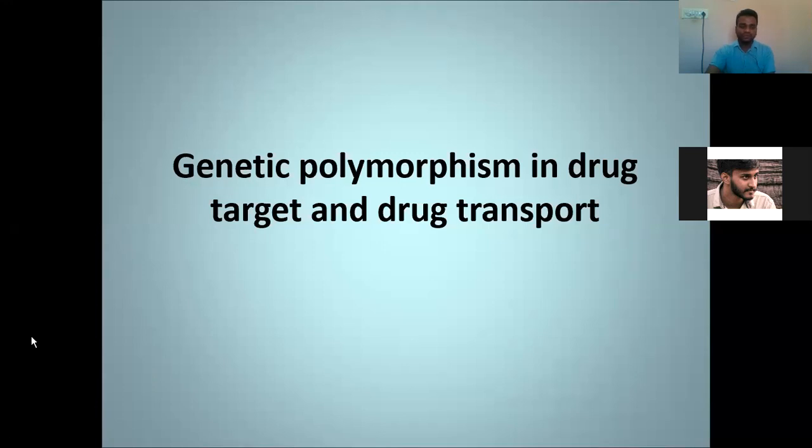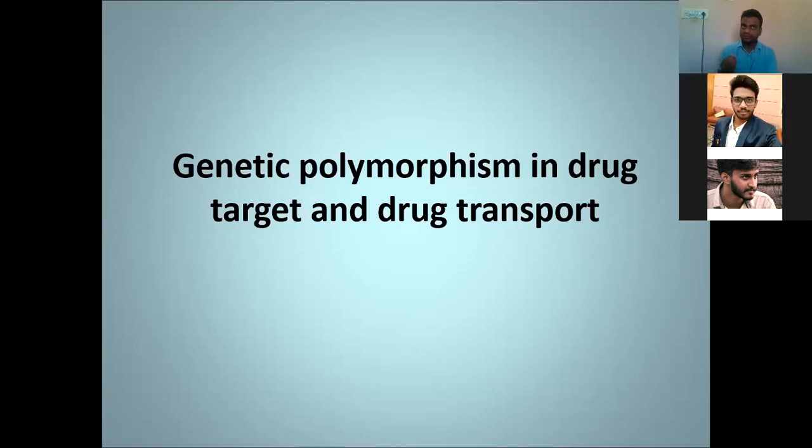So drug transport. When I talk about drug transport, what comes to your mind? What comes to your mind when I talk about distribution of the drug and transport from extracellular? Look at the word transport. So we are talking about absorption.